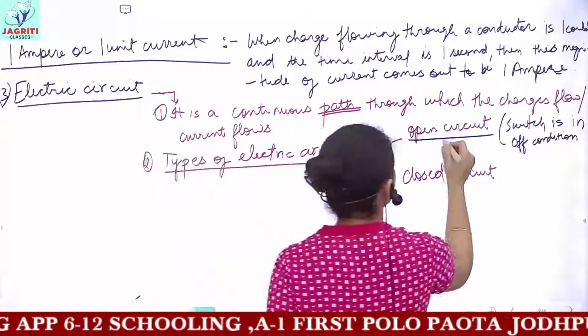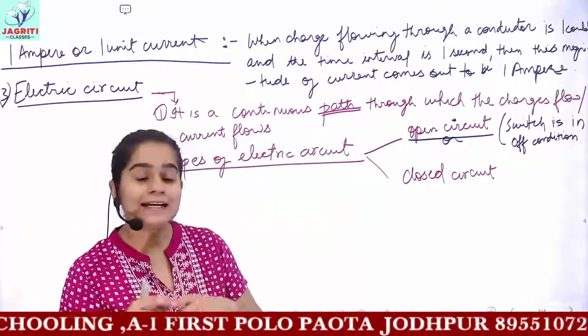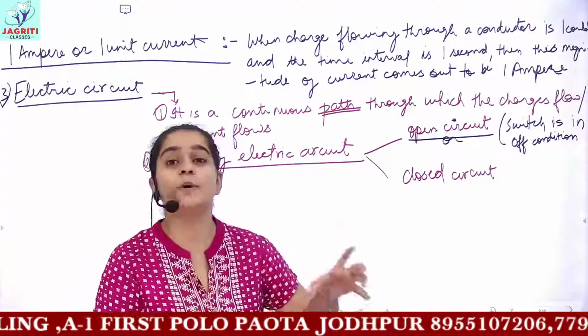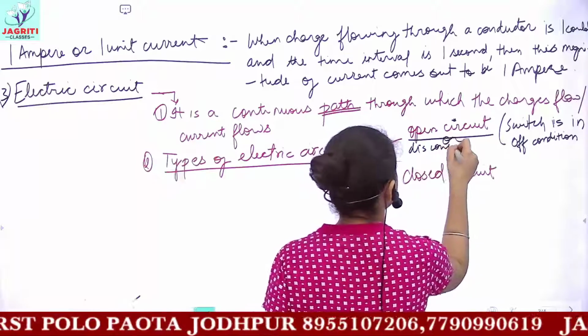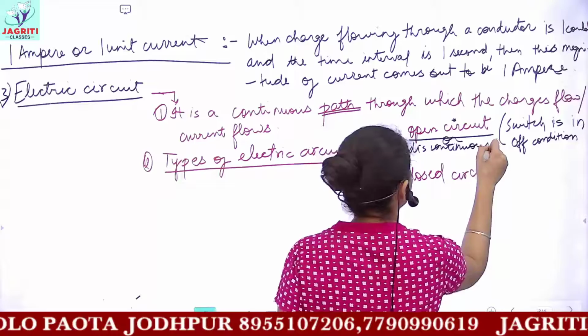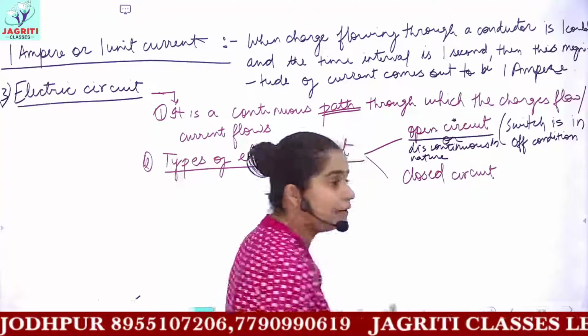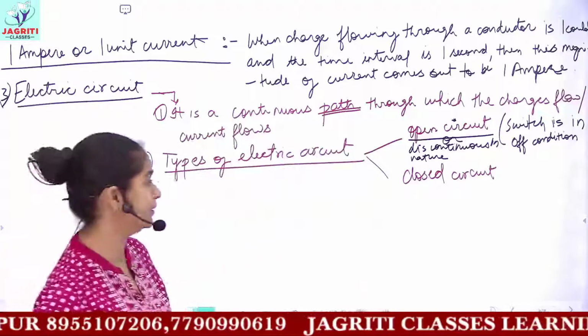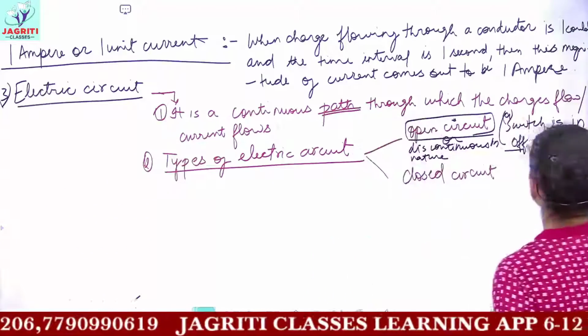Open circuit, you can also call it discontinuous, or when the circuit is breaking off from a point, okay? The circuit is discontinuous in nature, that is, it has certain break off points in between. And in open circuit, the first point is the switch would remain in off condition.